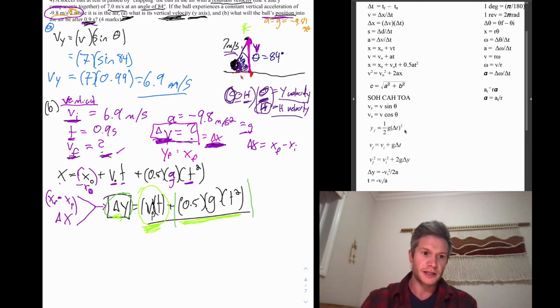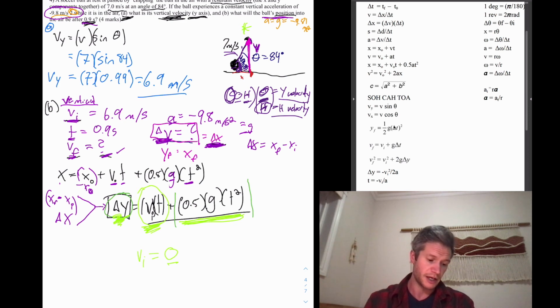So this equation here is if something's in free fall. If something's in free fall, the initial velocity equals 0, so 0 times time is 0. All we'd be left with in a free fall situation is that the vertical displacement is equal to this here.